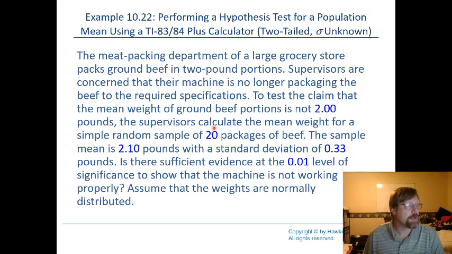So they randomly sampled 20 beef packages, and the sample mean of those 20 packages was 2.1 pounds with a sample standard deviation of 0.33. Is there sufficient evidence at the 0.01 level of significance to show that the machine is not working properly, assuming a normal distribution?